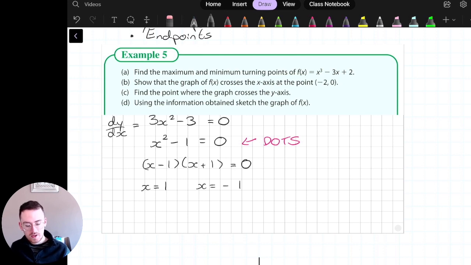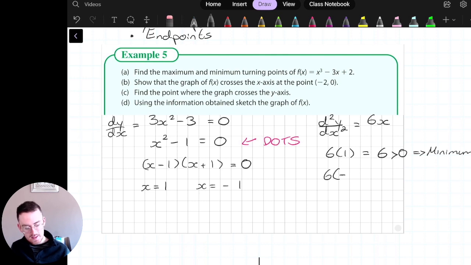To find out whether they are maximum or minimum turning points, we can use our second derivative, which works out to be 6x. At x equals 1, we get an answer of 6. This is greater than 0, so that suggests a minimum.